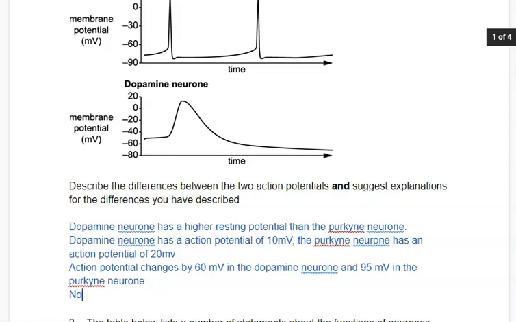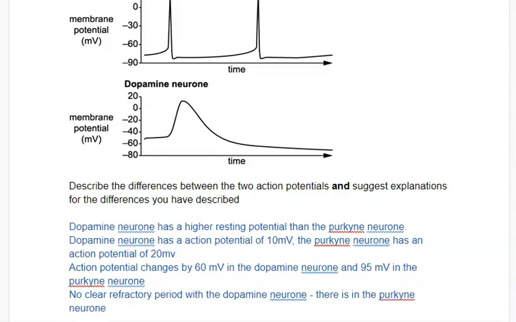There's no clear refractory period with the dopamine neuron, and there is in the Purkinje neuron. What I mean by that is, if I look here, it doesn't actually reset itself ready to go back, ready for another action potential. And also it's much slower as well.